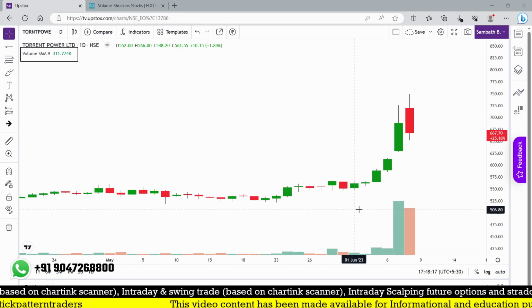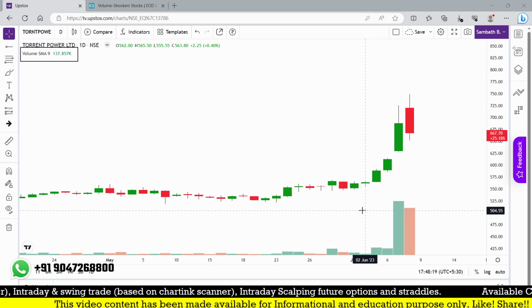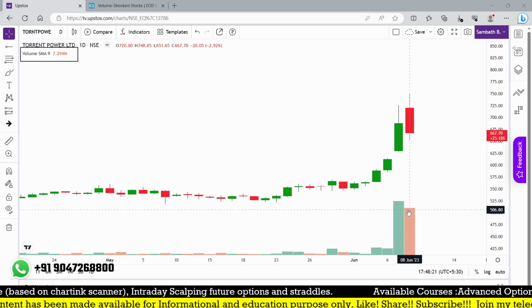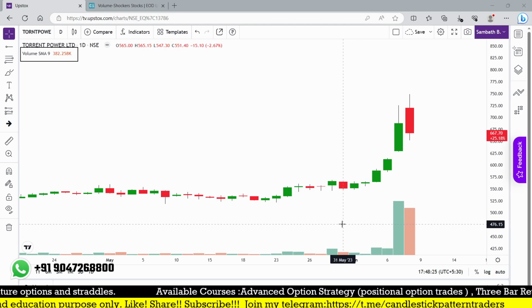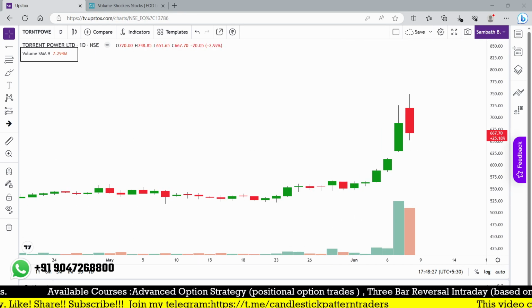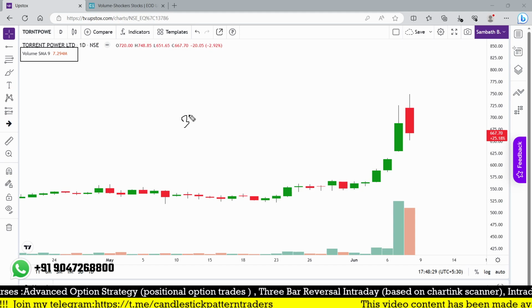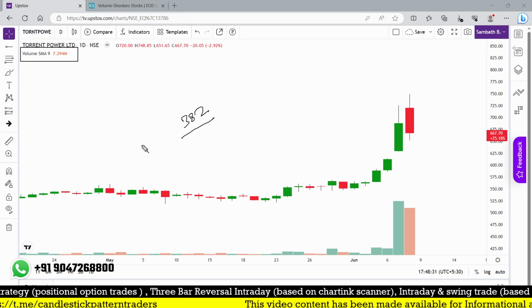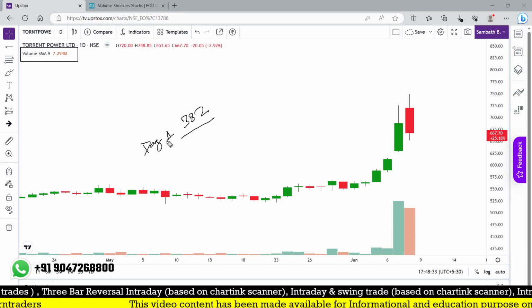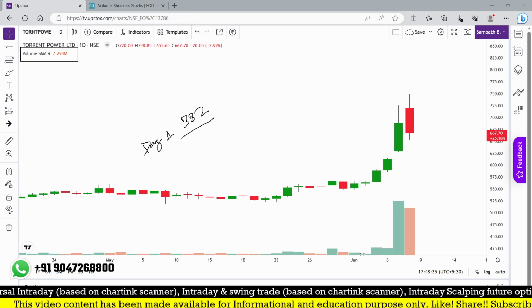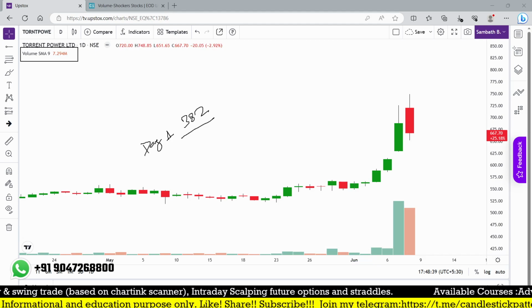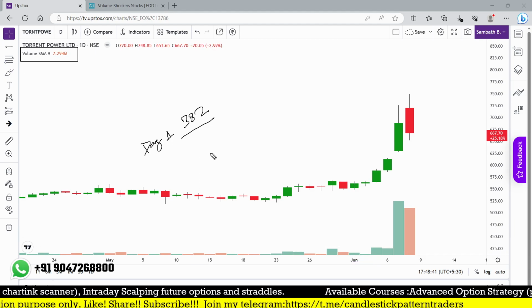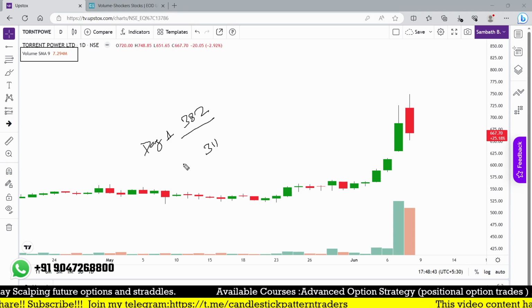The fourth day is also down, at 137. But in this scenario, look here. Let me mark the first day, where the volume is 382, day 1. Day 2 is 311.